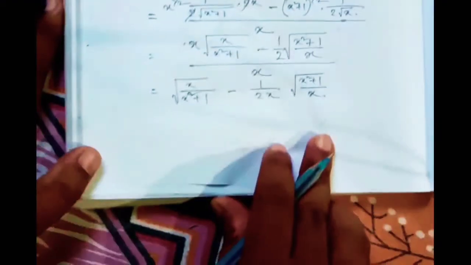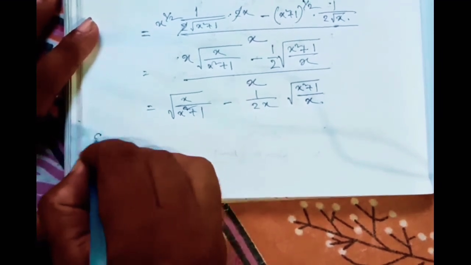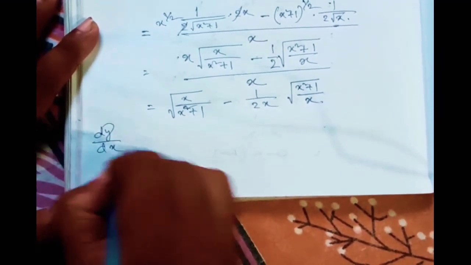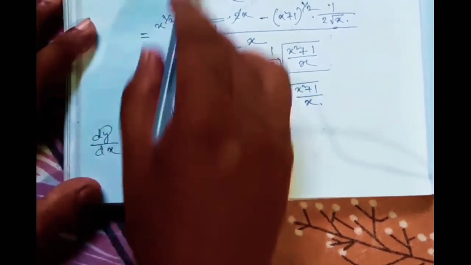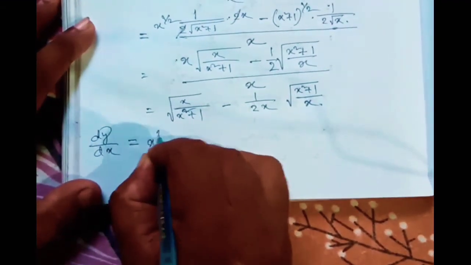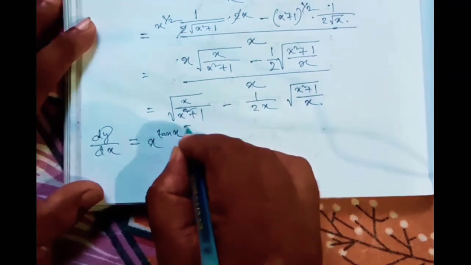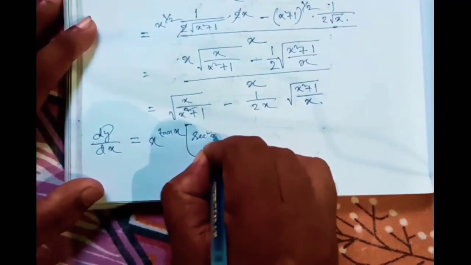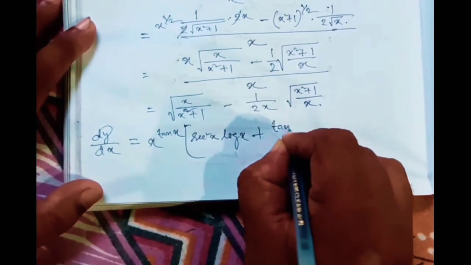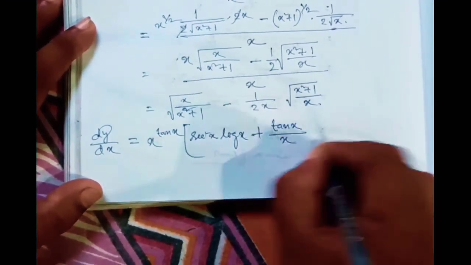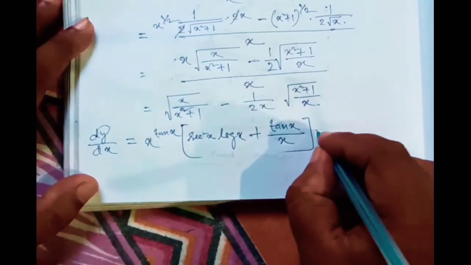Now dy/dx, that's equal to how much? du/dx plus dv/dx. Now the value of du/dx is x to the power tan x into sec square x log x plus tan x by x. This is the du/dx plus dv/dx.